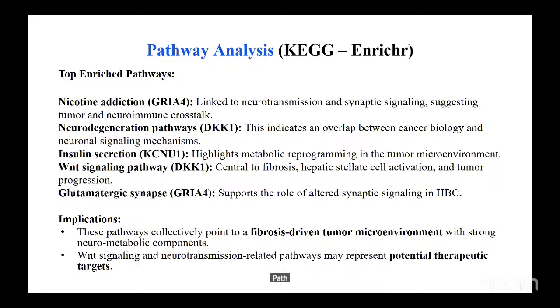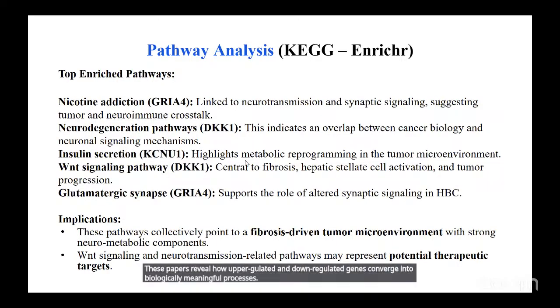Pathway analysis, KEGG pathway. I used the iLink platform where I got to do all these things. So the enriched pathways were identified from the KEGG analysis using Enrichr. These pathways reveal how upregulated and downregulated genes converge into biologically meaningful processes.